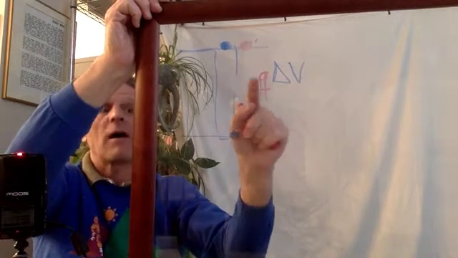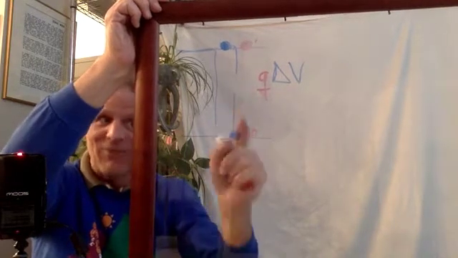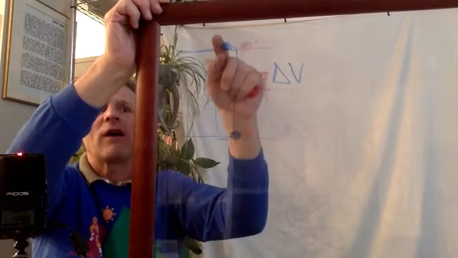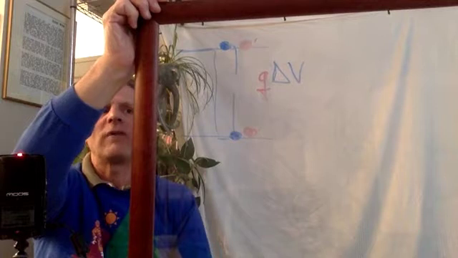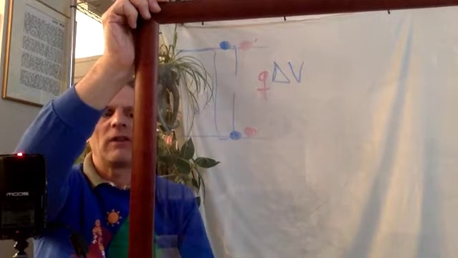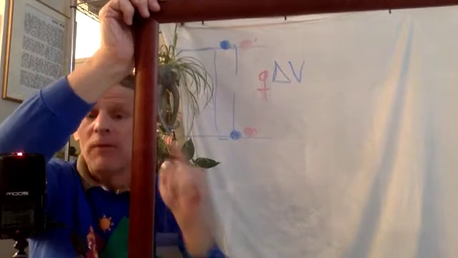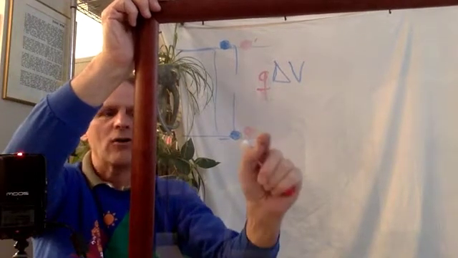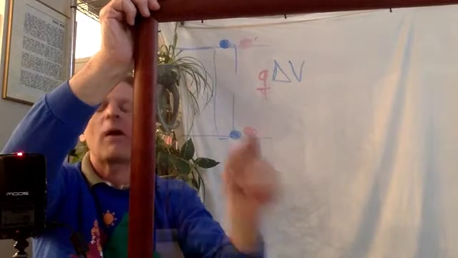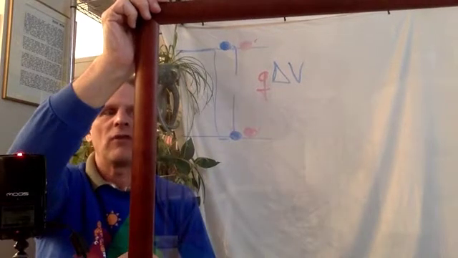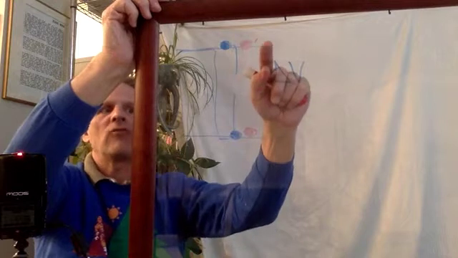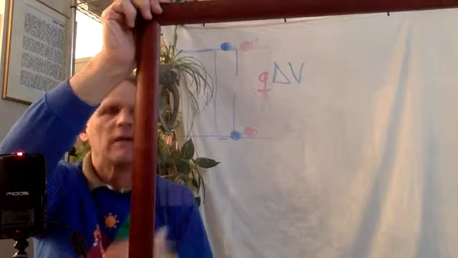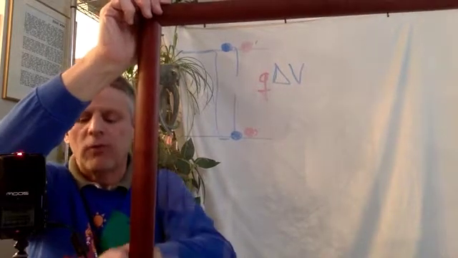No. Some are positive and some are negative. So, is it possible that I could have one charge that has higher potential energy in one spot and lower potential energy in another, and then a different charge that has a lower potential energy in the spot where the other one has the higher potential energy, and a higher potential energy where the other has the lower? And of course, you know now the answer is yes. Okay, so that's the first important thing to know.